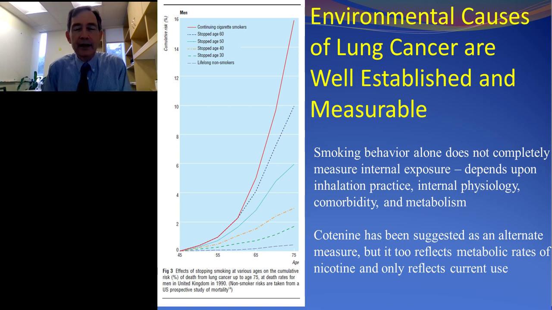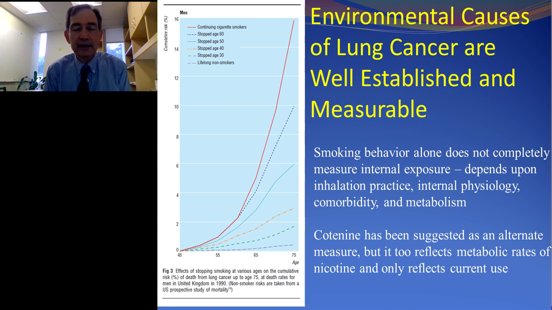As I mentioned, we do know that smoking is a major driver for lung cancer. This slide is showing what happens among those people who keep smoking. Risk keeps accumulating. If you quit smoking, risk levels off at the point at which you quit, but it still increases, paralleling the rate of increase associated with age.